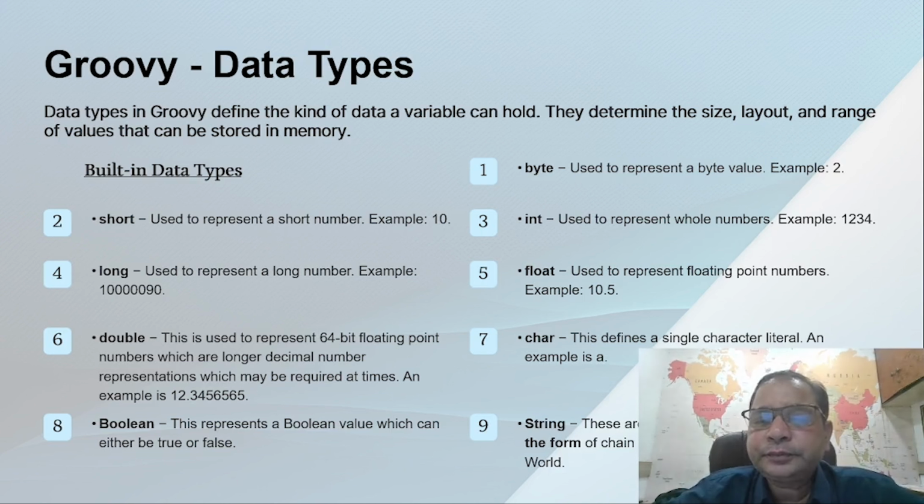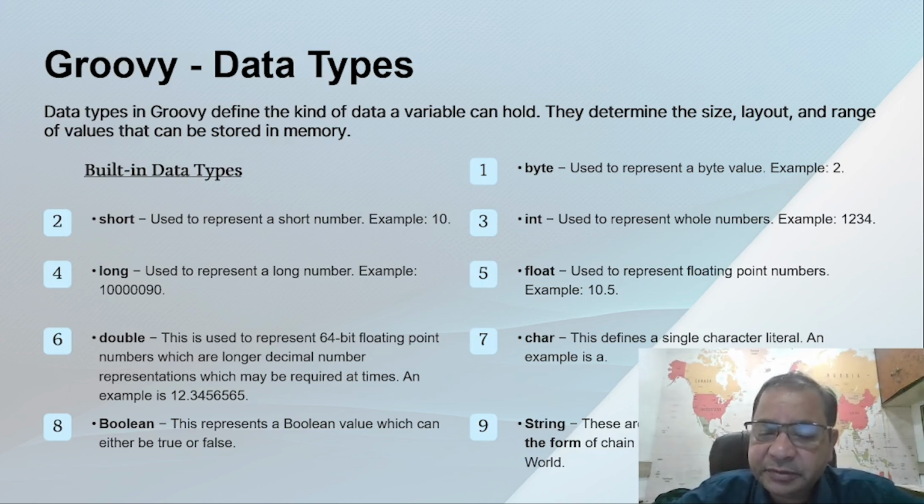Example 2. Integer is used to represent a whole number, for example 1234. Float: 10.5, 10.10, 10.9, these kinds of numbers can be represented as float. Then char defines a single character like A, B, C. And then string, text represented as a chain of characters, for example hello world.